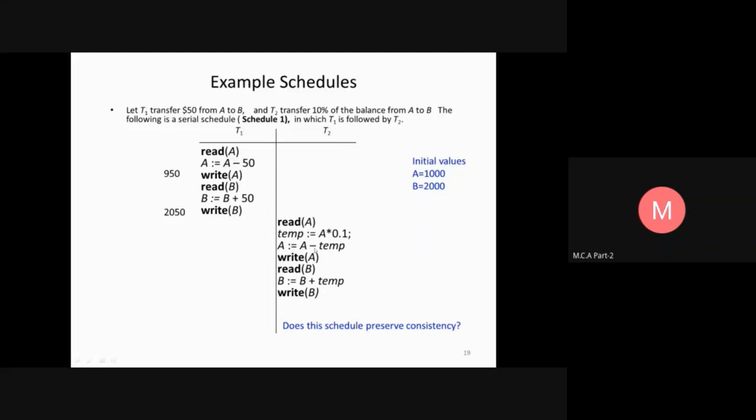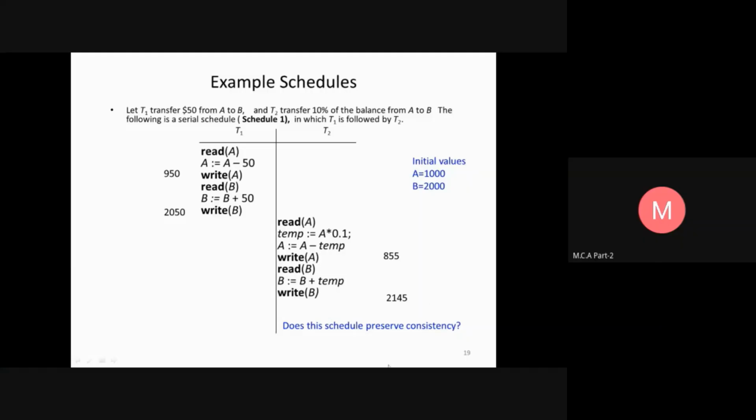It modifies A and then writes A, so A becomes 855. Then it reads B again after the write B of transaction T1, so it reads the updated value of B, which is 2050. B is incremented by 0.1 of A, and then it writes B. So B becomes 2145. You can do these calculations and verify them for yourself.